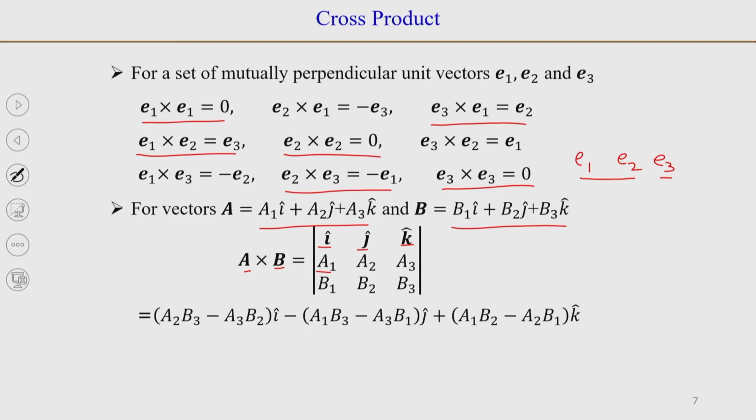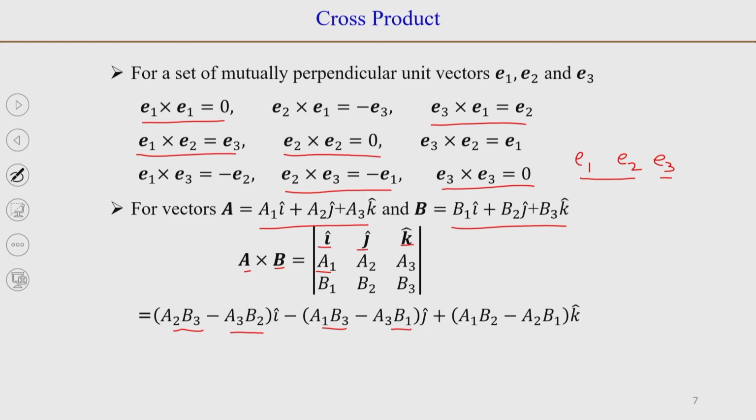So, when we simplify this, we can write i multiplied by a2 b3 minus a3 b2. So, that is the first component, minus j multiplied by a1 b3 minus a3 b1.